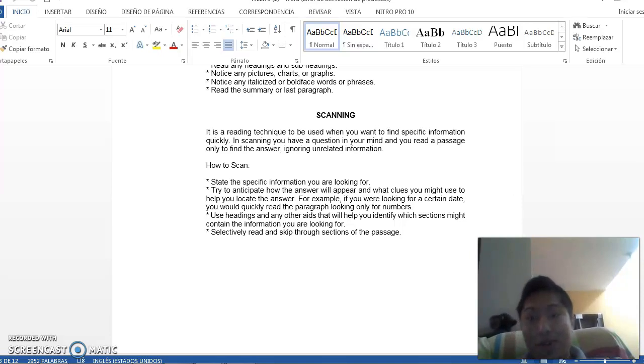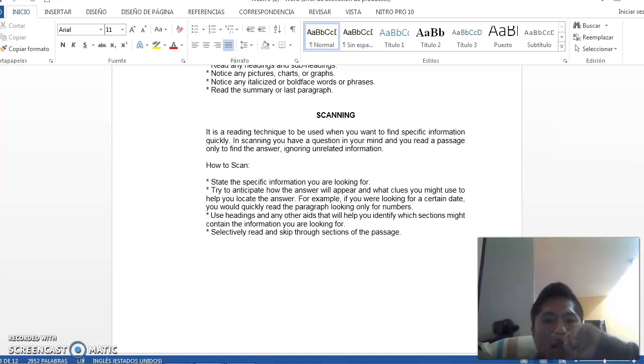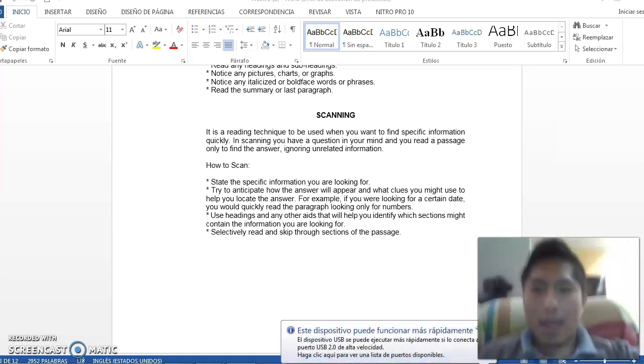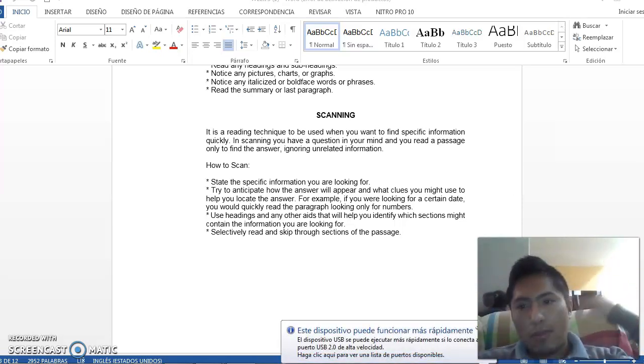That is what I told you. It's about, for example, when was he born? So you find a specific number, no? Or use headings or any other aids that help you to identify which sections might contain the information you're looking for. That is true. But in this case about scanning, the most important idea is finding specific information.